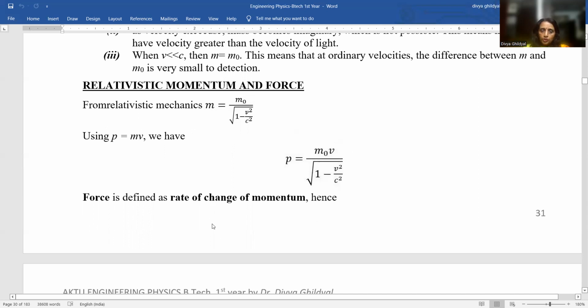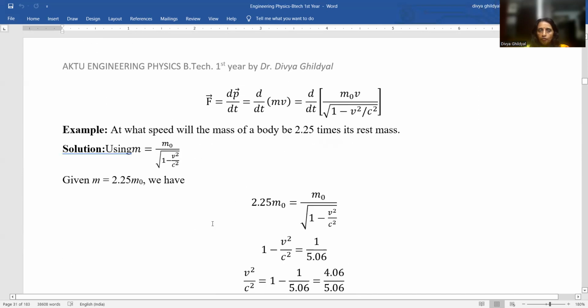Force from Newton's law is defined as rate of change of momentum. Hence, F is equal to dp by dt, or since p is mass into velocity, it becomes d by dt of (m0 v upon under root of (1 minus v square by c square)).